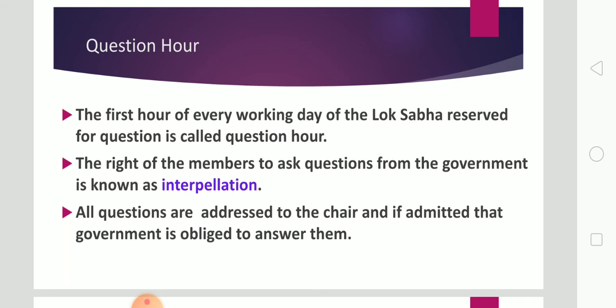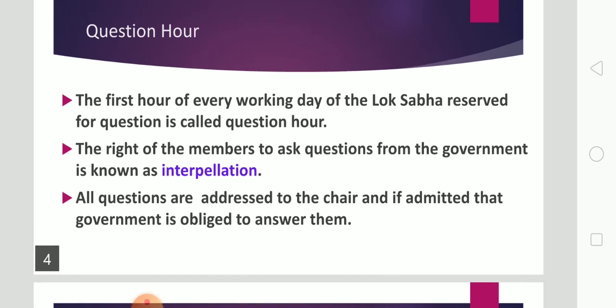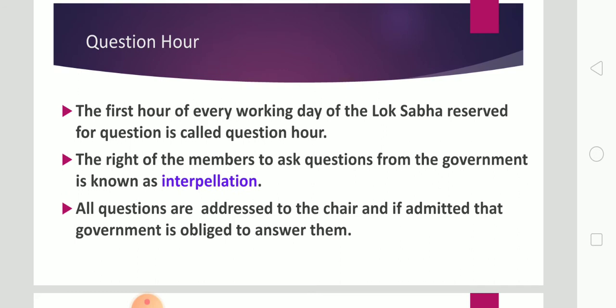In parliament, in Lok Sabha and Rajya Sabha, there are two groups of MPs. One group is the MPs from the ruling side, and the other group is the MPs from the opposition side.